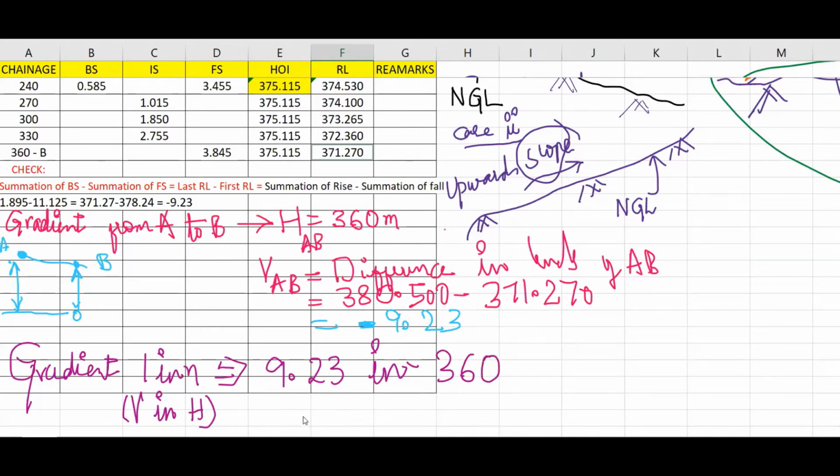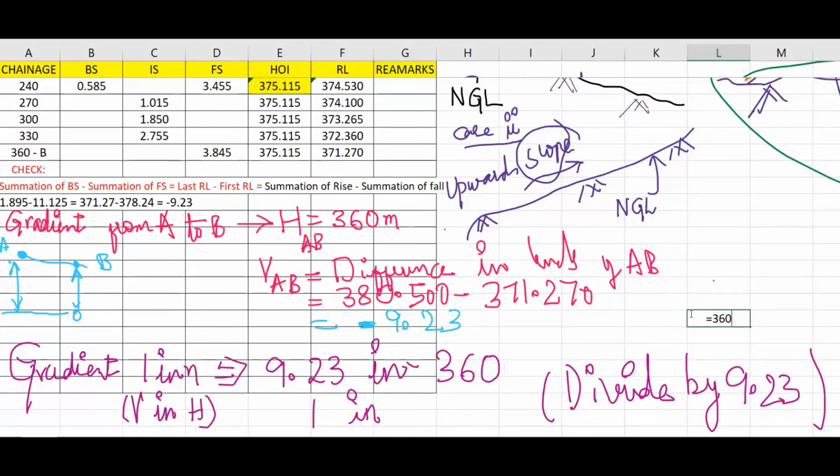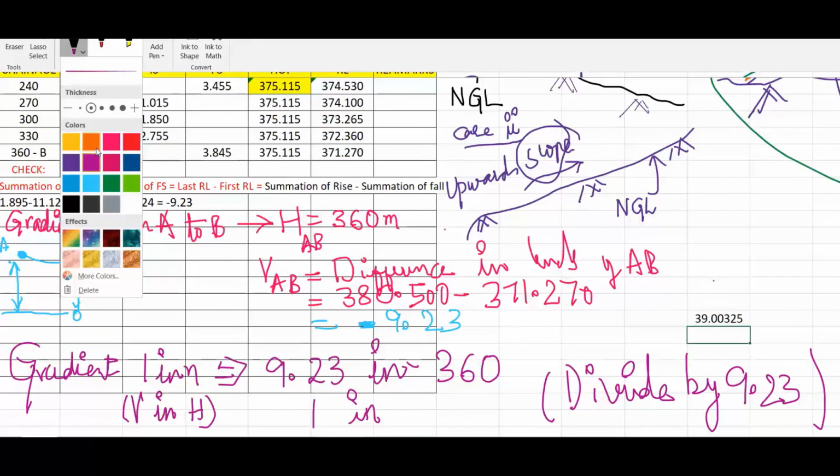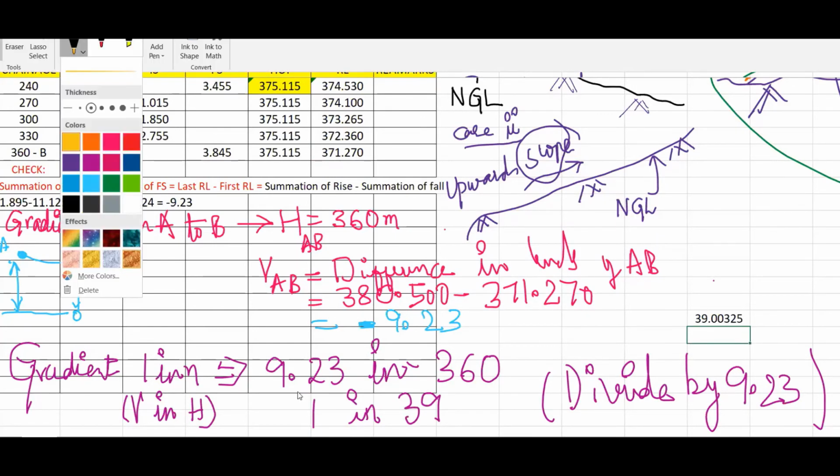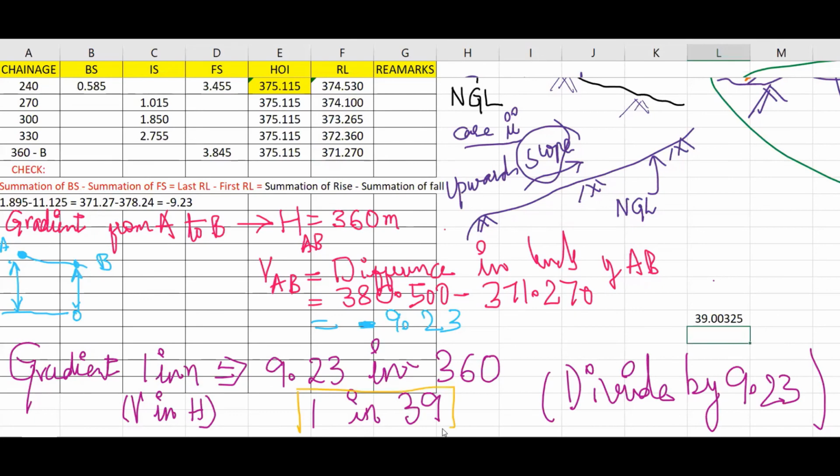If I want to make the vertical side 1, I should divide by 9.23: 360 divided by 9.23, I get 39. So the value is 39. The answer to our problem is a gradient of 1 in 39.